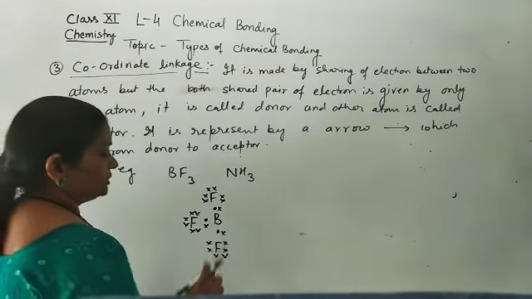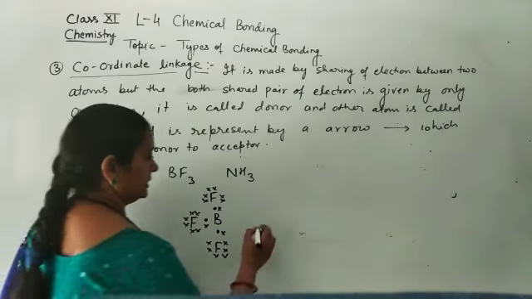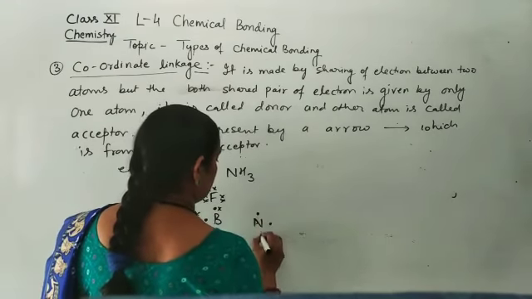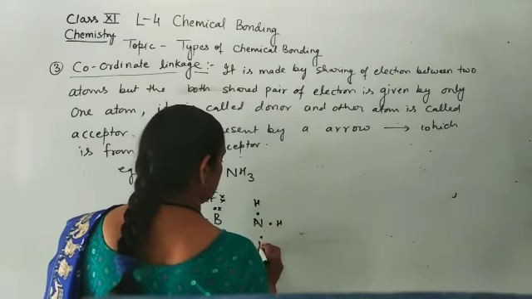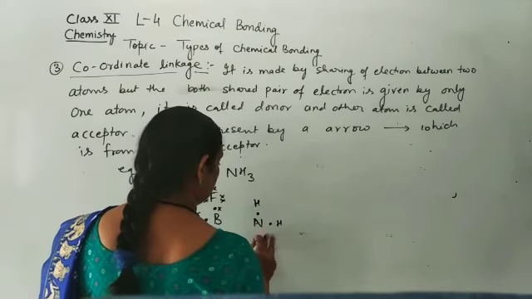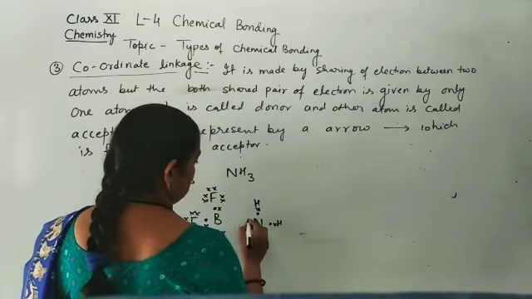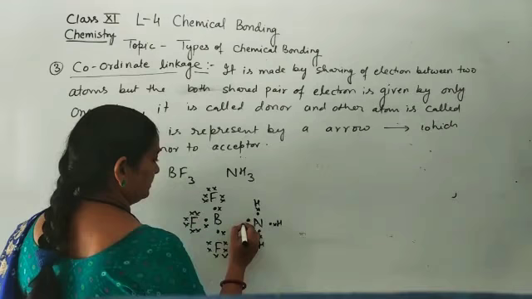See here, its octet is not completed. Here nitrogen has one lone pair of electrons.